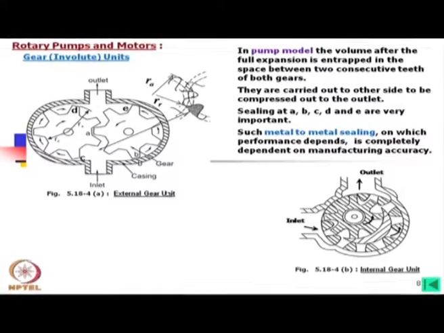Now, the important factor is that the sealing between two chambers has to depend on metal to metal contact. So, this is metal as well as this is metal. Moreover, as it is rotating inside, there is a very small gap within tolerance dimension, but still there is a gap.